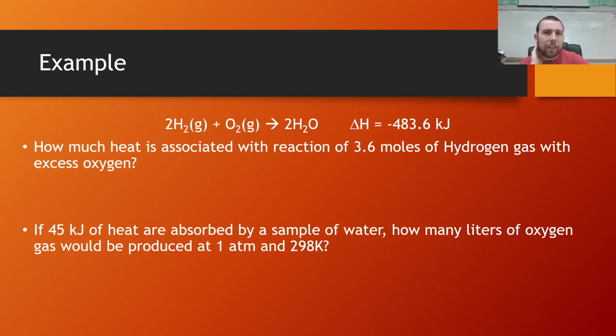And so here's what we're going to do. I know that from this particular process we got 3.6 moles of H2.